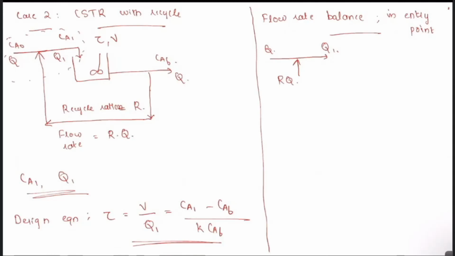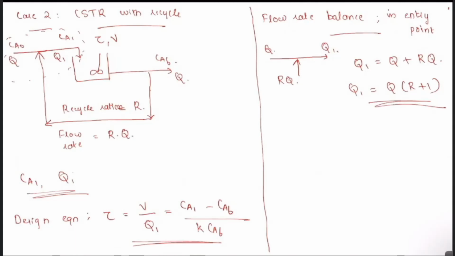If we write the balance, Q1 will be equal to Q plus RQ, right? Or basically Q1 is equal to Q into R plus 1. So out of these two unknowns, now we found out Q1 in terms of our initial flow rate Q.